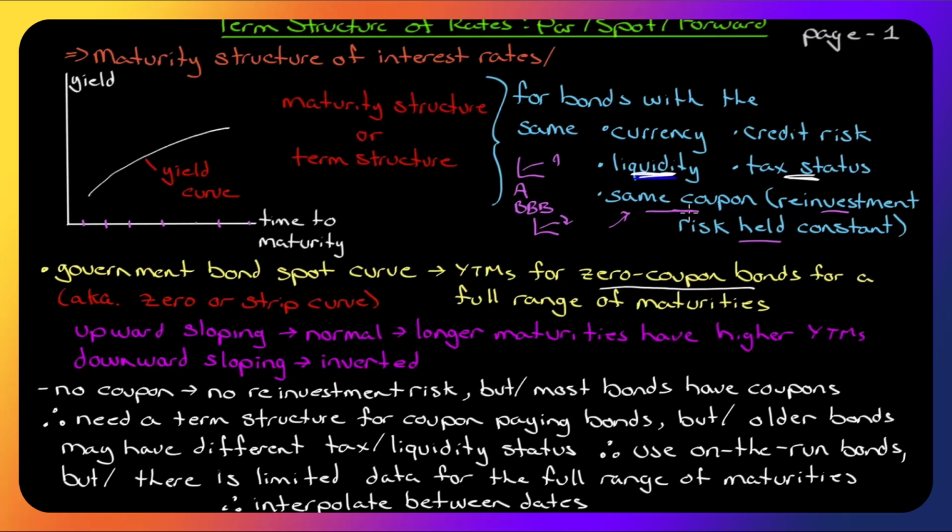Since most bonds pay a coupon, the spot curve is not the appropriate curve to use to determine what our rates are to discount each cash flow. We want to use a par curve for that. And the reason we use the par curve is because we don't want to use bonds with premiums or discounts, so that we can hold the tax status of all bonds constant. Across all of them, they all have the same tax status because they all just have interest now. That's important stuff. Let's move forward.